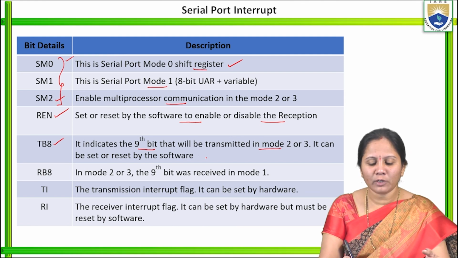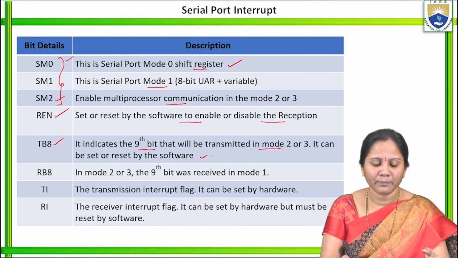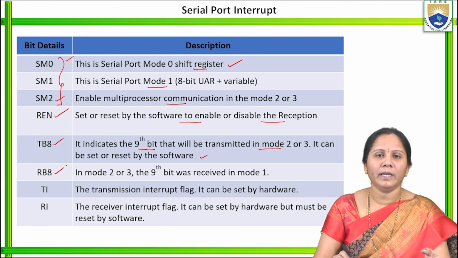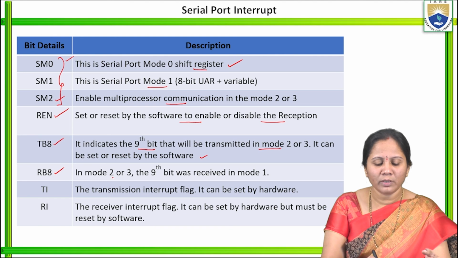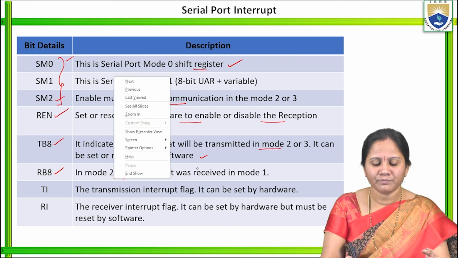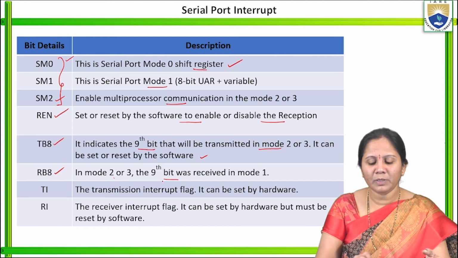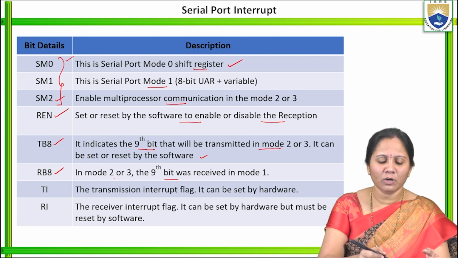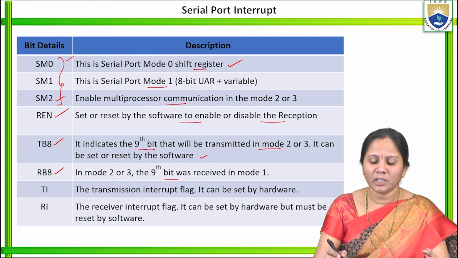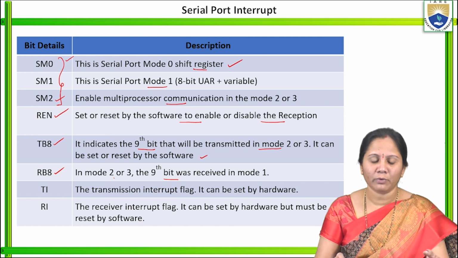It can be set or reset by the software. And next bit is RB8. R here represents receive. So in mode 2 or 3, the 9th bit is received; in mode 1 it is the stop bit. Based on all these bits enabling, this particular description will be followed.